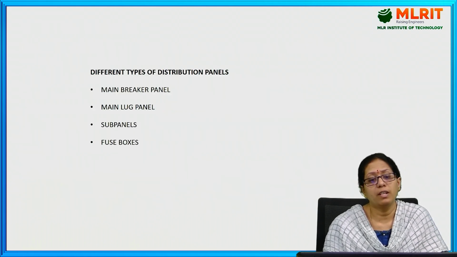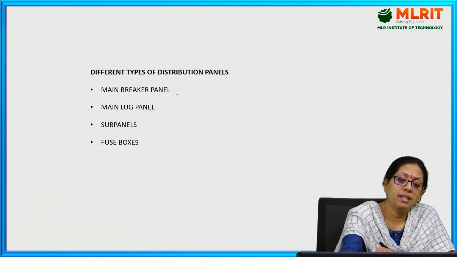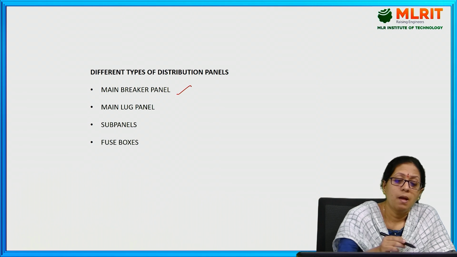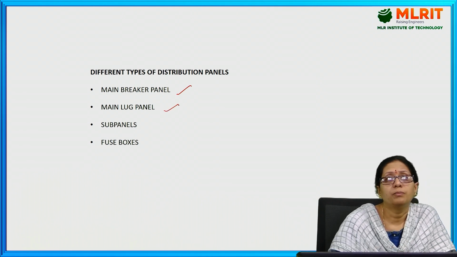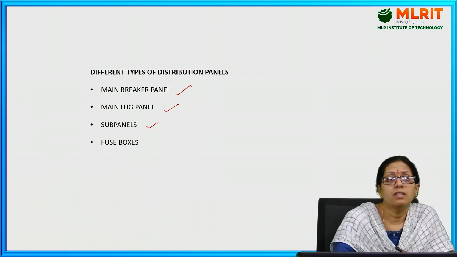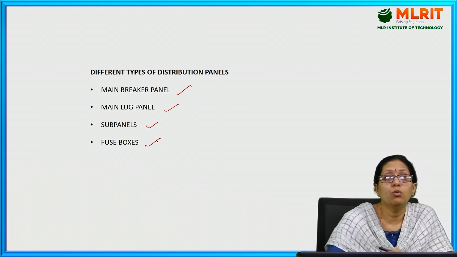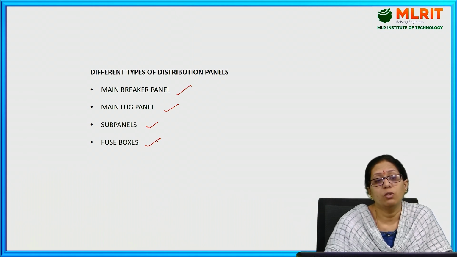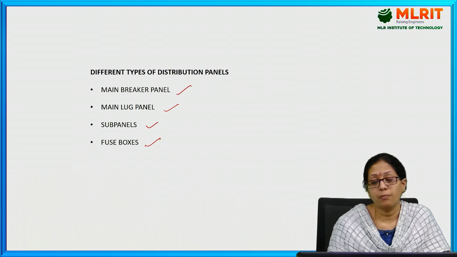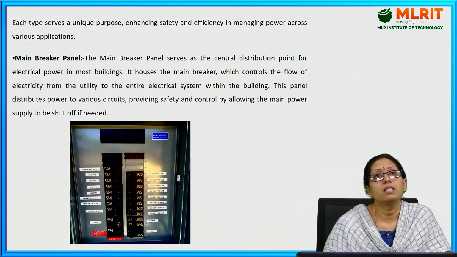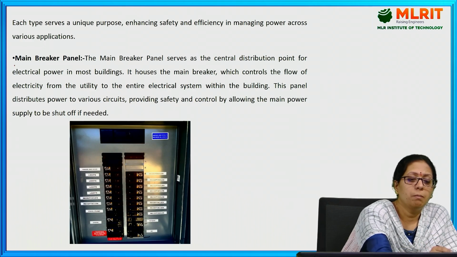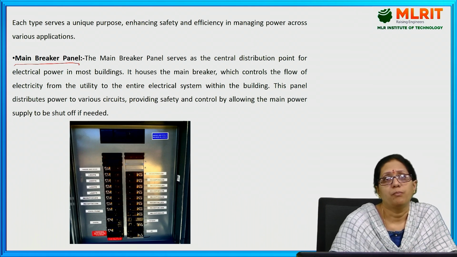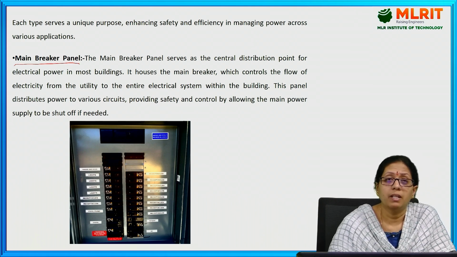What are the different types of distribution panels? Here you can see different types like main distribution panel, main LUG panel, sub panels, as well as fuse boxes. So here you can see 4 different types of distribution panels. This is the first one, the main breaker panel.